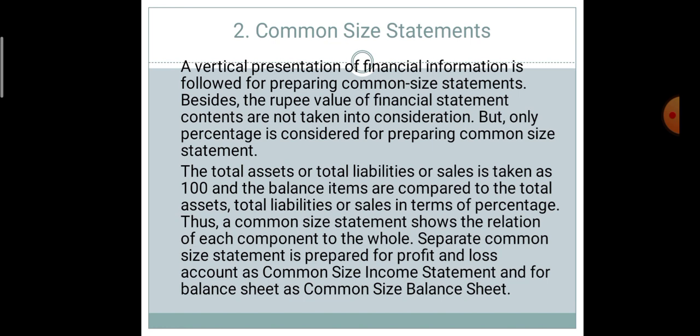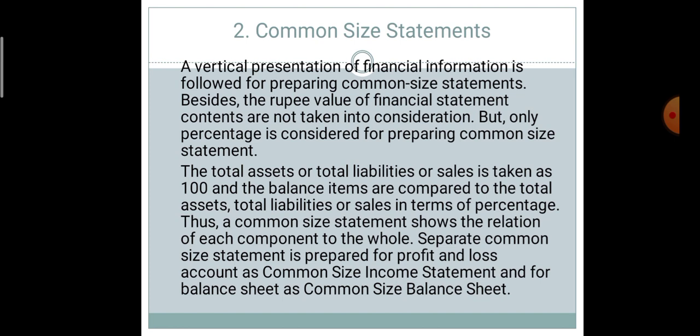The total assets or total liabilities or sales is taken and the balance items are compared to the total assets, total liabilities or sales in terms of percentages. Thus, a common size statement shows the relationship of each component to the whole.